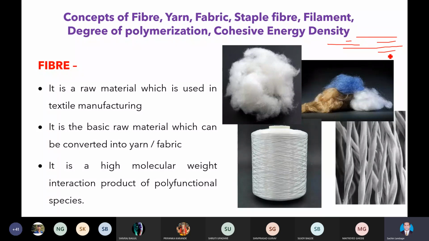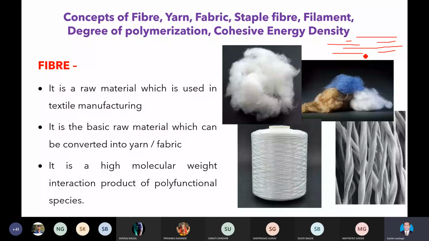Mostly, natural fibers we get in the short staple form. Got the point? In natural fiber we get short staple fiber, except silk, where we get continuous filament. Other than silk, whatever the natural fibers, cellulosic or proteinous, we get in the short staple fiber.